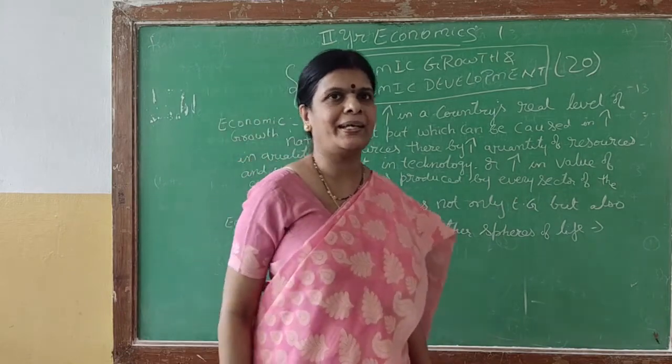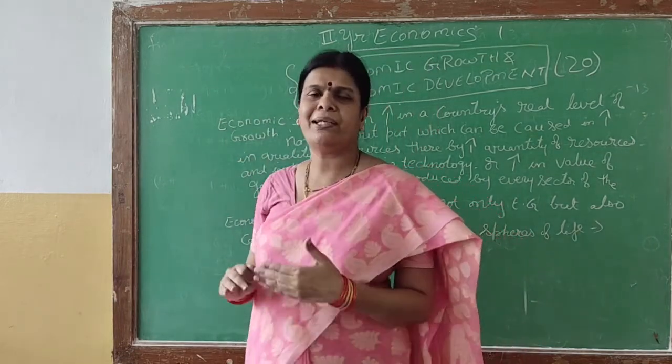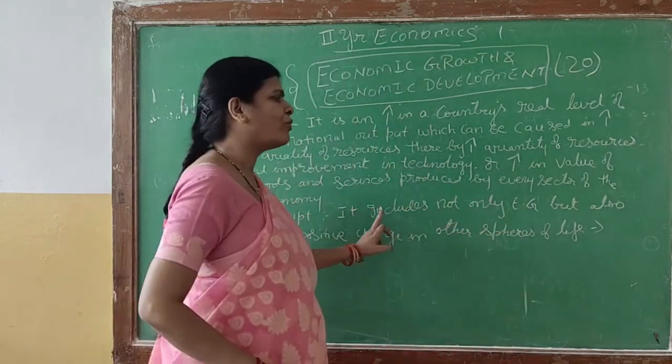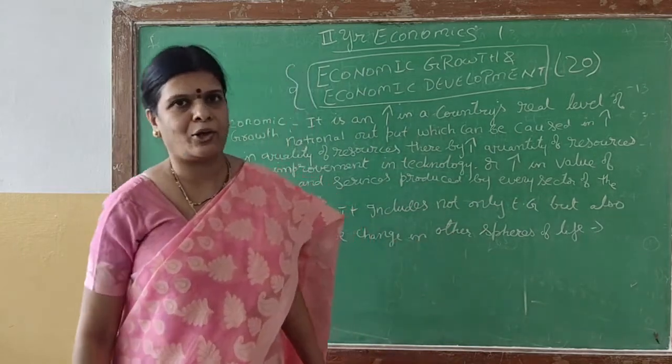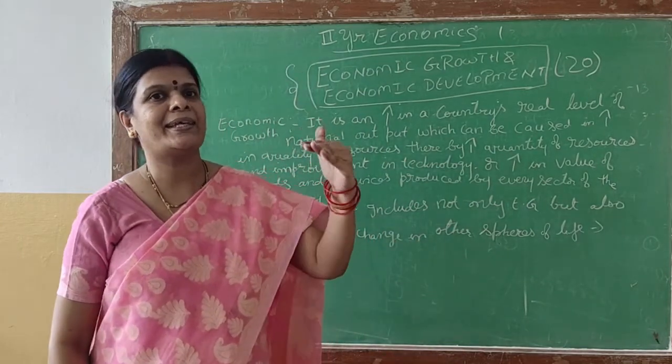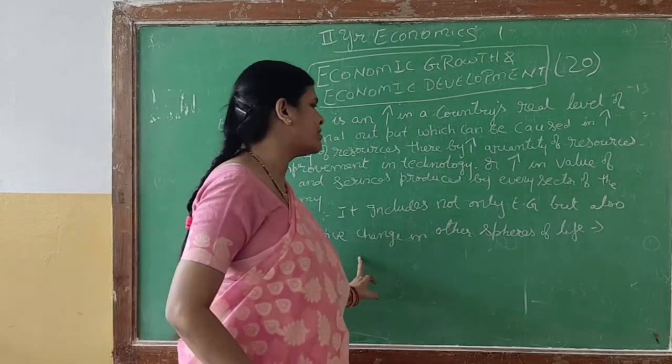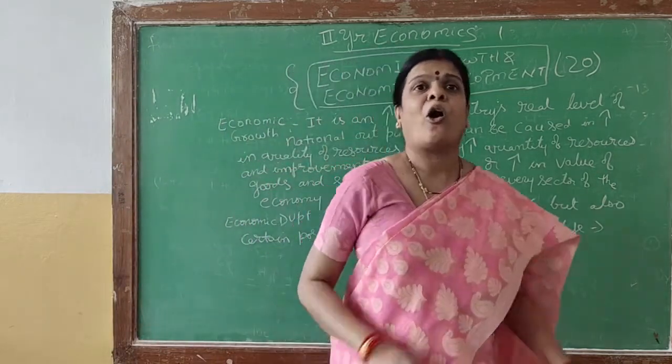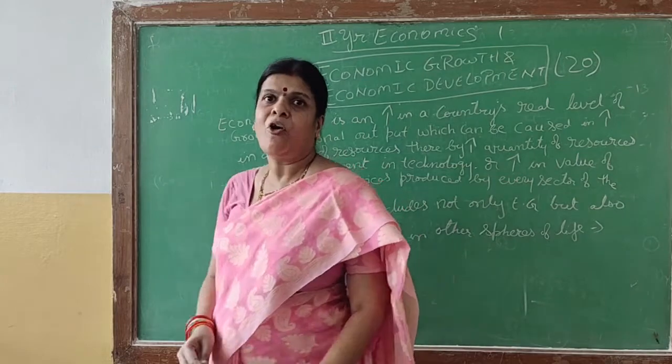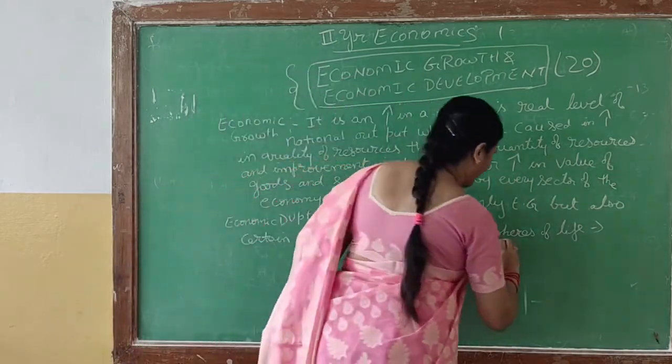What is economic development? See, economic development includes not only economic growth, not only increase in GDP, but also certain changes in all spheres of life. What does all spheres of life mean?